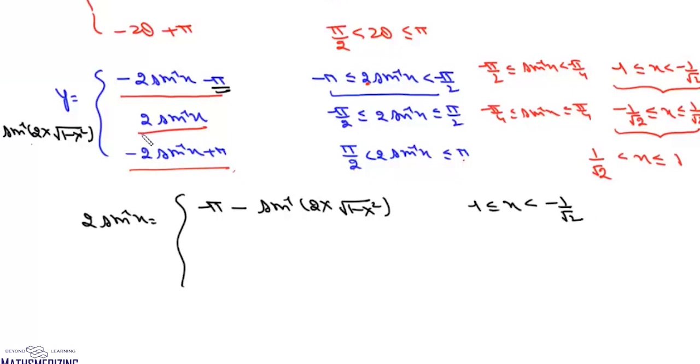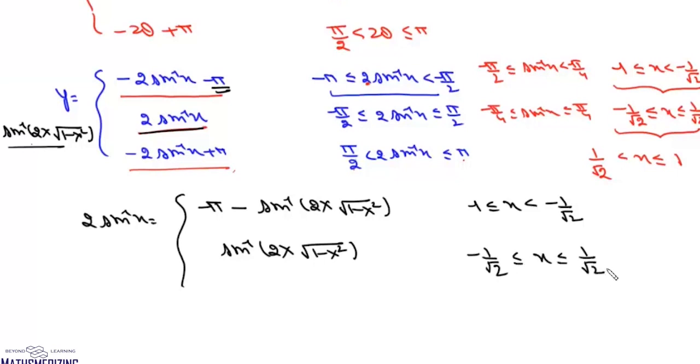Now for the second part, 2 sine inverse x is equal to sine inverse 2x under root 1 minus x square. So it will be simply sine inverse 2x into under root of 1 minus x square when x lies between minus 1 by root 2 and plus 1 by root 2. And this third one is when x lies between 1 by root 2 and 1.